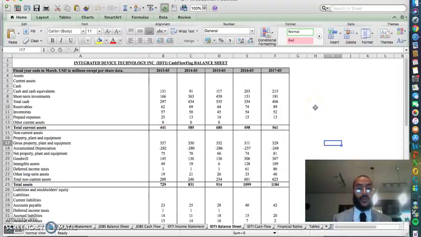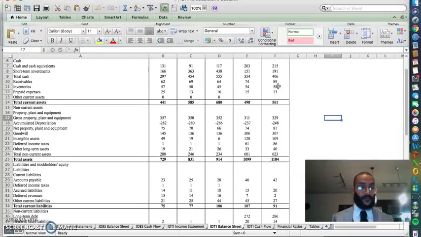Let's go to the balance sheet of IDTA. Total current assets start at 441, goes up to 585, goes up to 680 in 2015, then goes a little bit down to 498, and then it goes a little bit up in 2017 to 561.